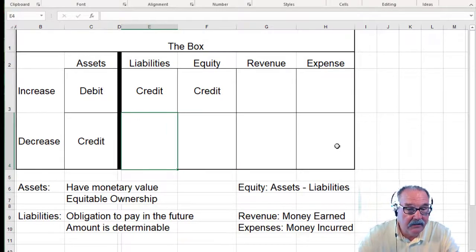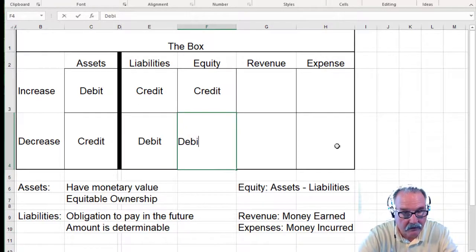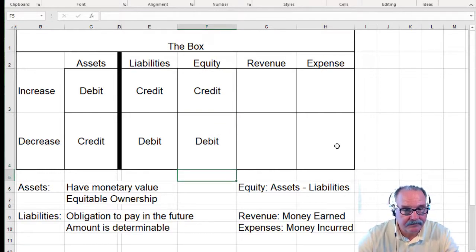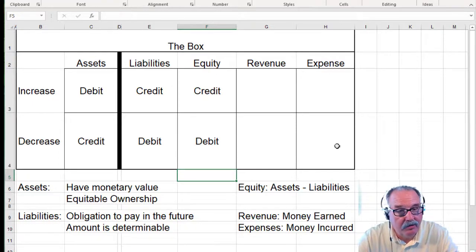Which means if they go up with a credit, they have to go down with a debit. So if you remember that assets go up with a debit, and if you say that 100 times, then the opposite is true of things that are on the right side of the equal sign, which is the credit side. Liabilities and equity are credits.